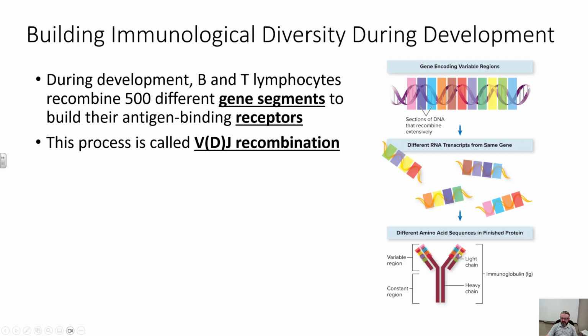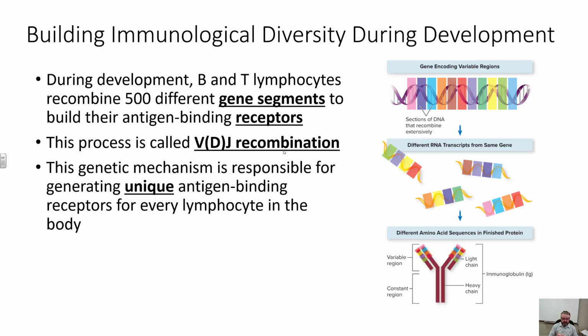So this Y shape here represents the entire receptor, and each little tip of the receptor is put together by individual little protein fragments, each fragment coming from a different gene, and the combination of those genes building out the receptor in its entire configuration. And this process is called VDJ recombination.